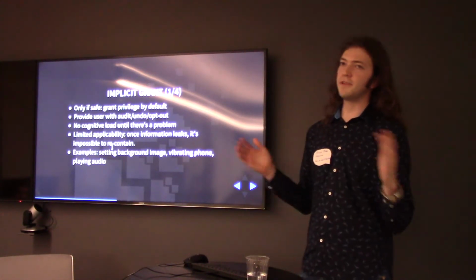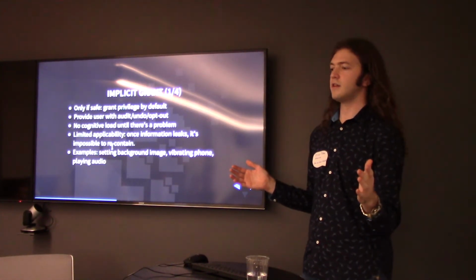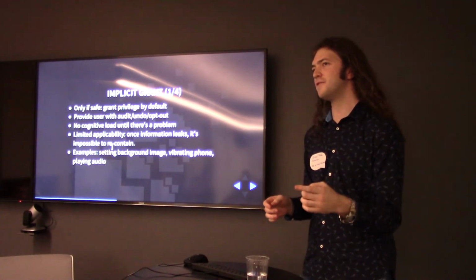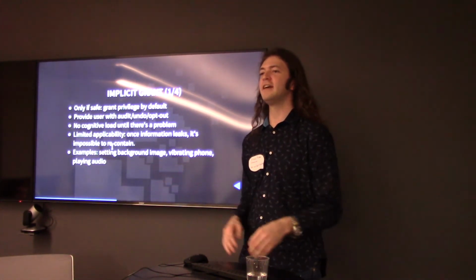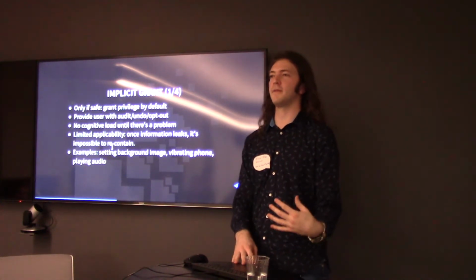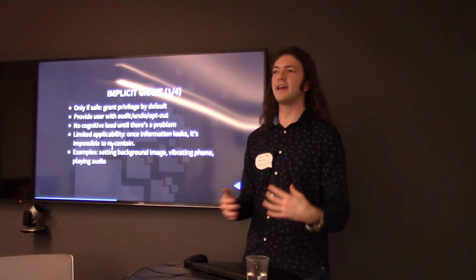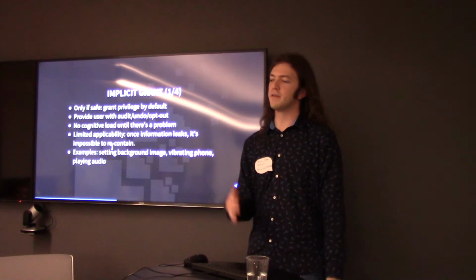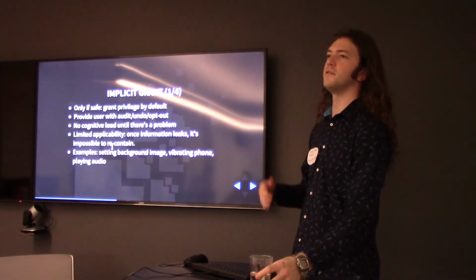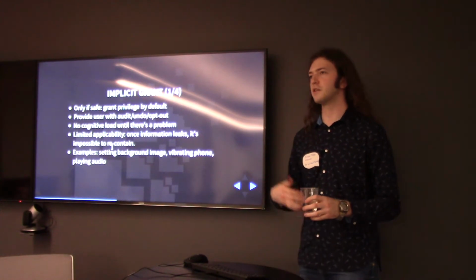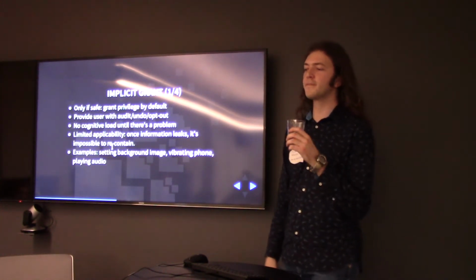So implicit grants are something that you can only do if you don't have a horse breaks past the barn door problem, because once you've shared information with a malicious app, you can't get it back again. So implicit grants are generally something that are only safe if the user can undo the action and there's no longer term consequence.